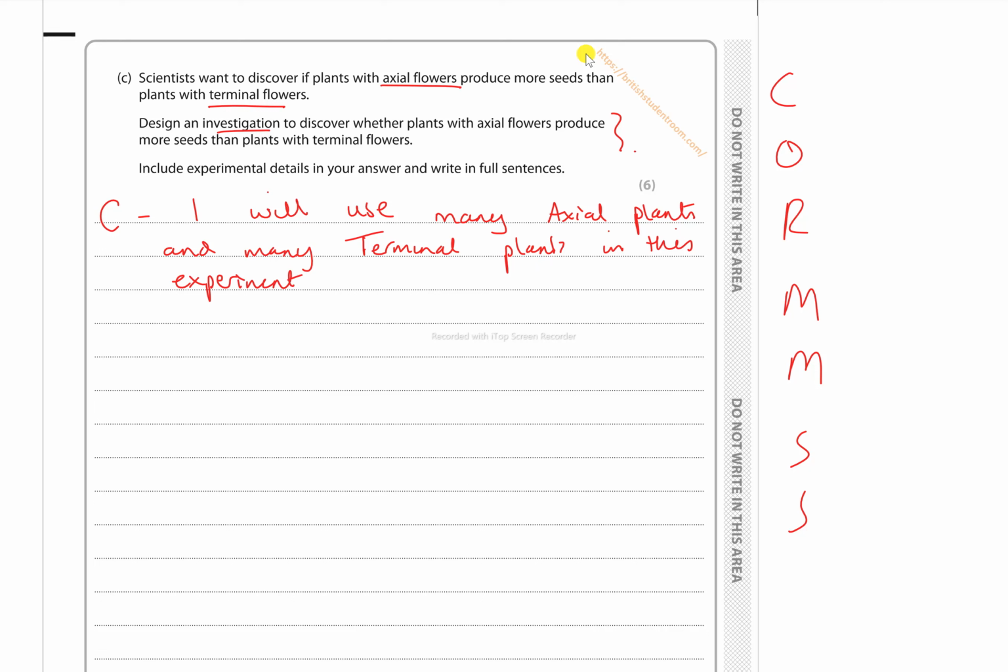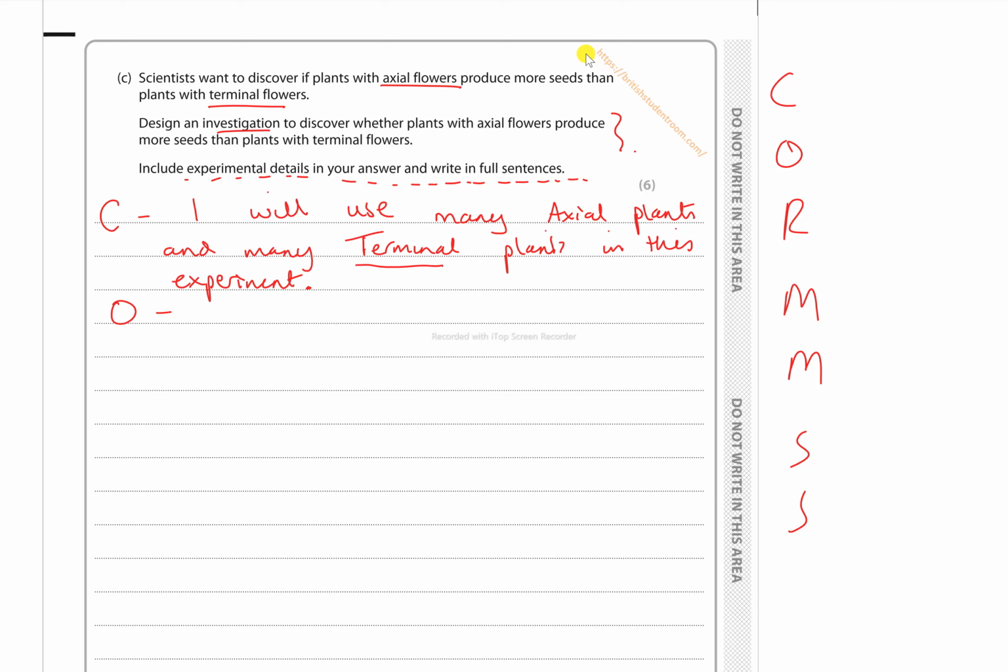That's his experiment, by the way. So look, they're saying include details and try to write in full sentences. That's a full sentence. Now, what would you keep saying about the organism that you've used up here?